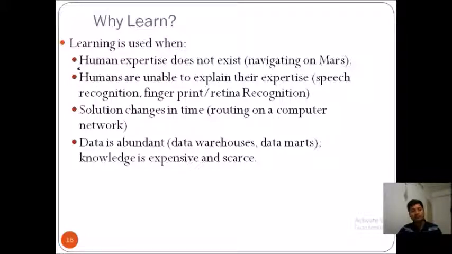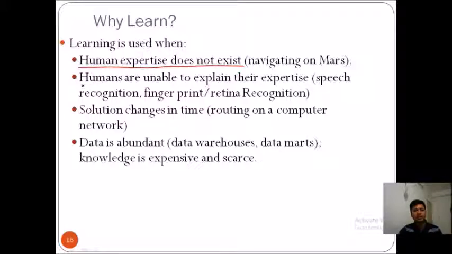It is applicable in places where human expertise does not exist, like places where there is no air and we cannot survive, or the temperature is too high and we cannot sustain there. At such places we can create a machine, construct the model and get the work done.